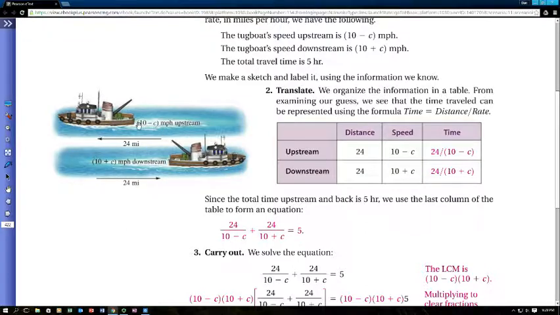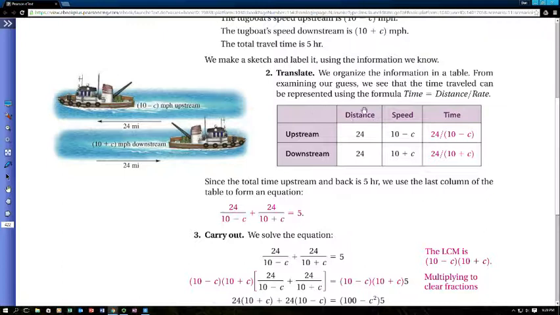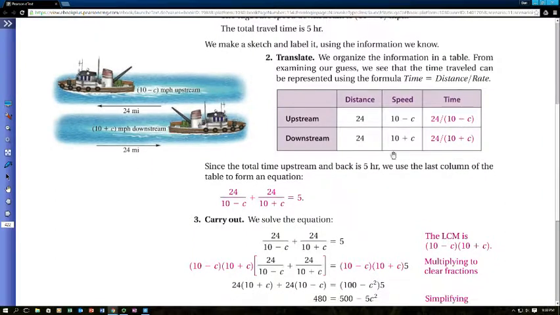But the rate when I'm going up is 10 minus C, and when I'm coming down is 10 plus C. Well, we can translate that into our motion problems using distance equals rate times time, or in this case, time equals distance divided by rate. So the actual rate of the tugboat going upstream is 10 minus C. The amount of time it will take then would be 24 divided by 10 minus the current, or C.